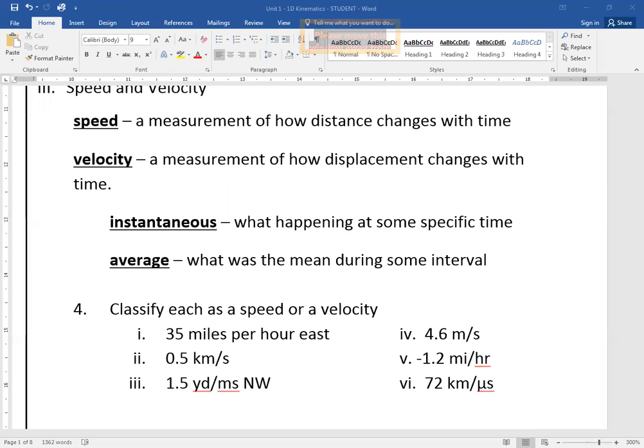Because there's a difference between that and that. That's 1, this is 2. So yeah, no, you're right. It's a fair point.